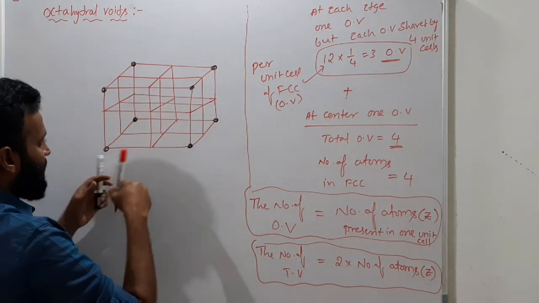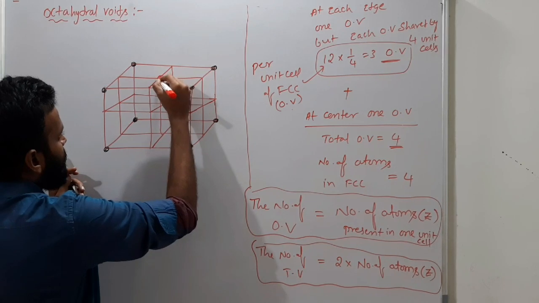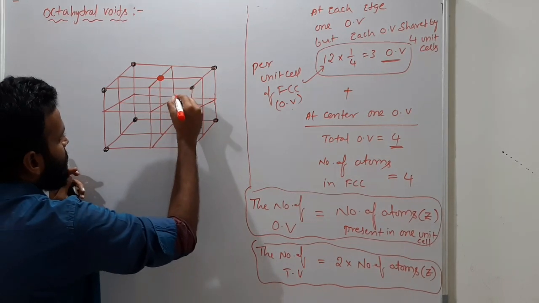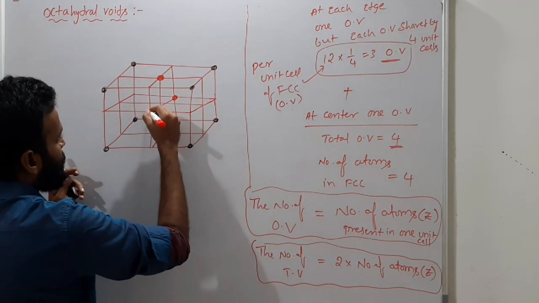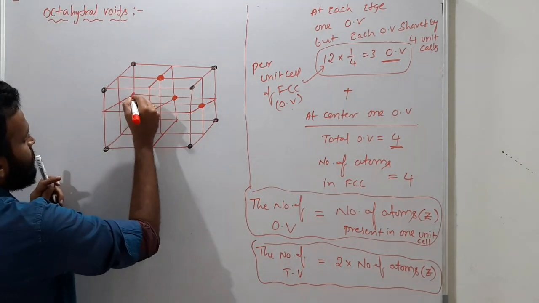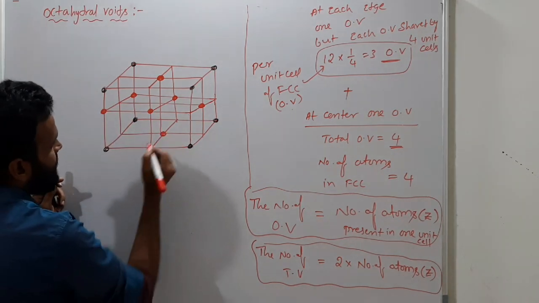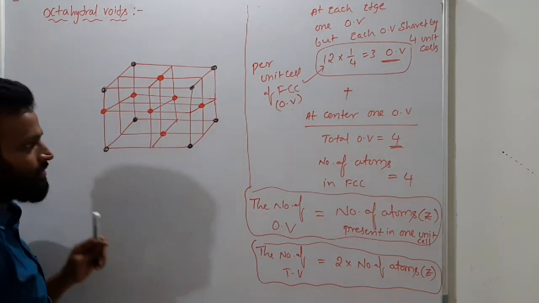Now face center atoms. Here 1, 2, 3, 4 face center atoms. There are 6 face center atoms.